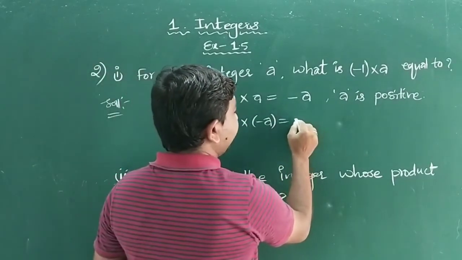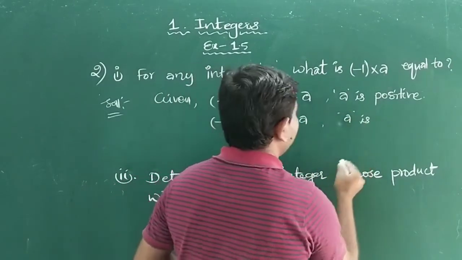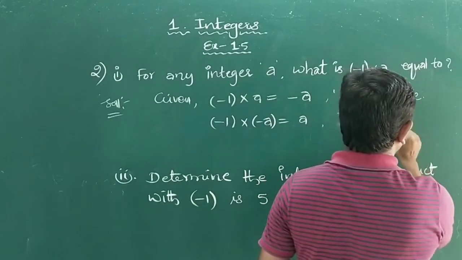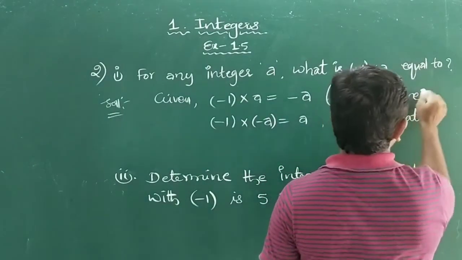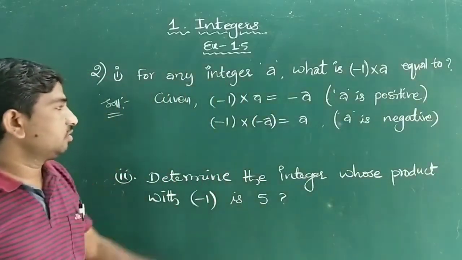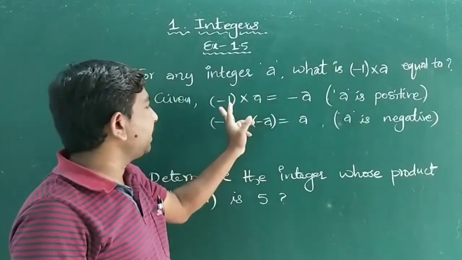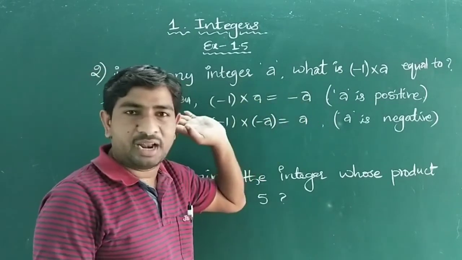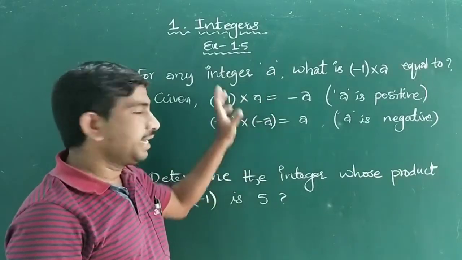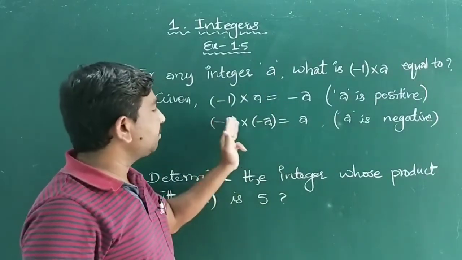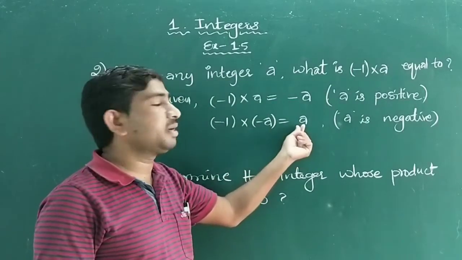Minus into minus is plus a, where a is negative. So you have to observe these two. Minus 1 into a is only given in our problem, so minus 1 into a is equal to minus a always. But if we consider the negative value, then minus 1 into minus a is equal to a. Minus into minus is plus, that's why it becomes a.